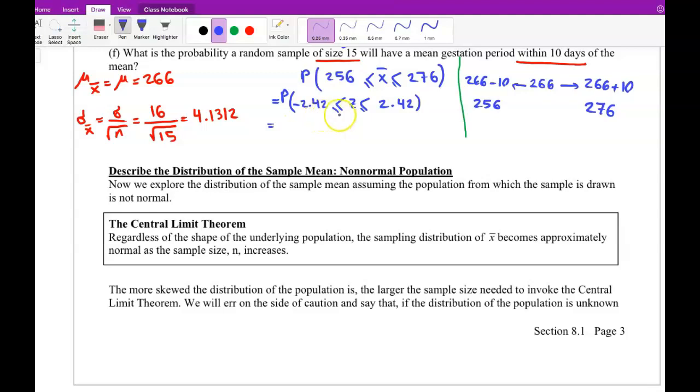Using the table, find the answer for when z is equal to negative 2.42 and also z equal to positive 2.42.